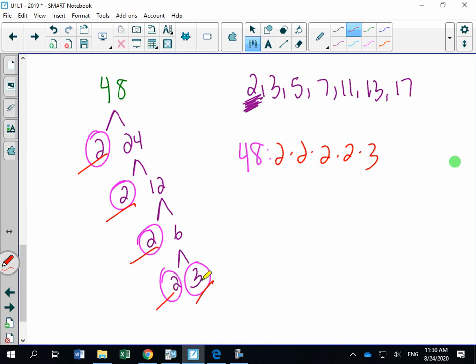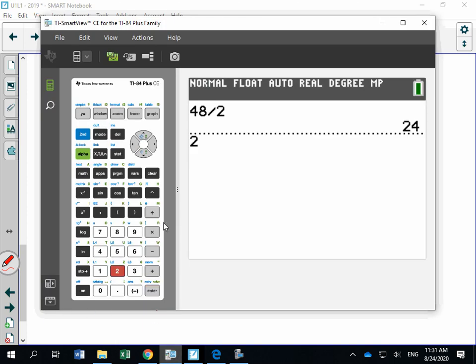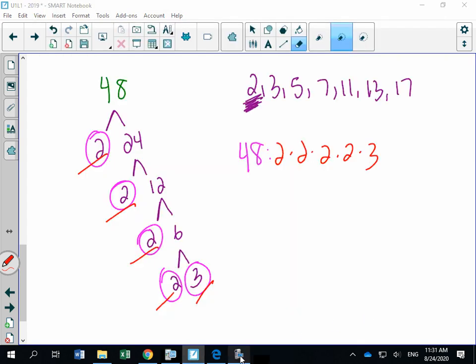They'll forget to put this last prime number here. And then if you guys want to know you're right on a test, check. Let's type in our calculators 2 times 2 times 2 times 2 times 3, and we better get 48 as an answer. And we get 48. And that's how I know I did it correctly.